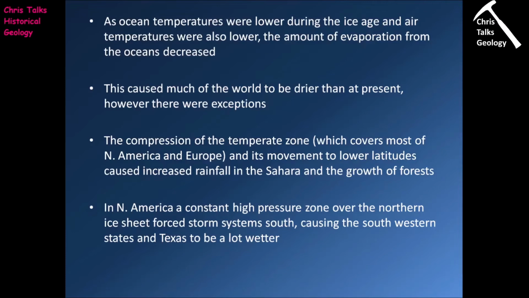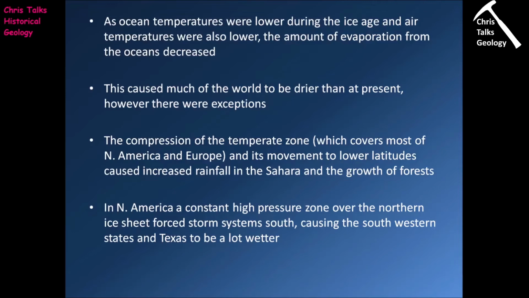Now, in North America, we have a constant high pressure zone which falls over the northern ice sheet. And of course, the northern ice sheet is covering pretty much all of Canada and a lot of the northern US states. And so this high pressure system which was sitting over the ice sheet essentially meant that if any storms tried to move northwards, they would hit this high pressure system and they would essentially get forced back down towards the southwest.